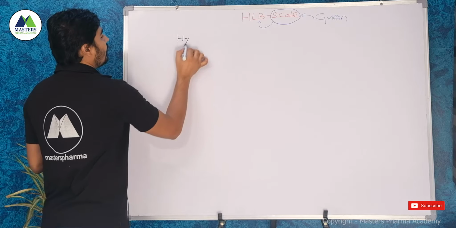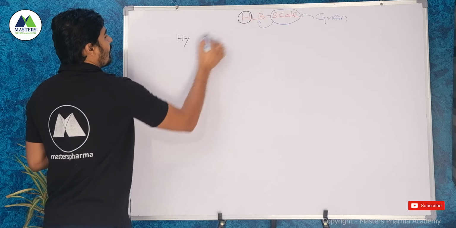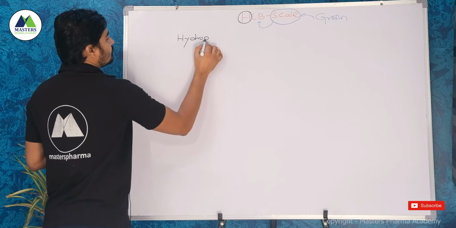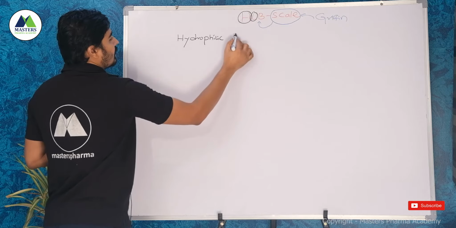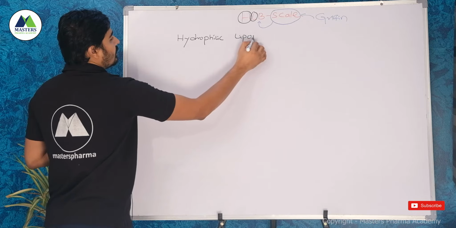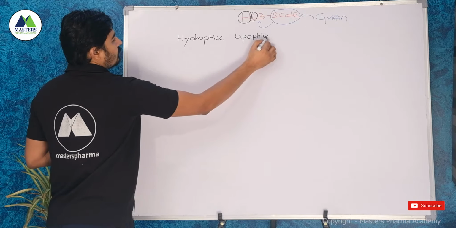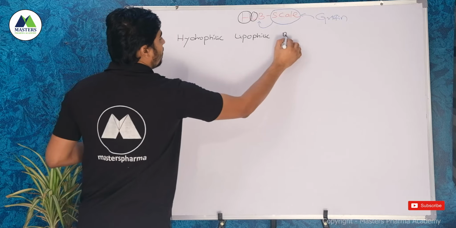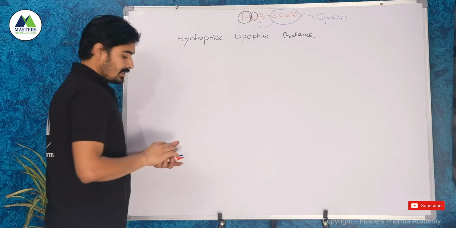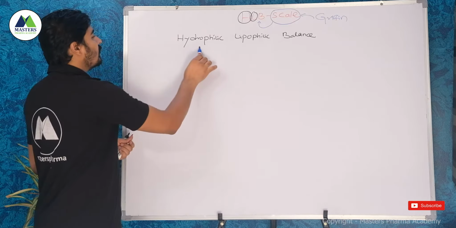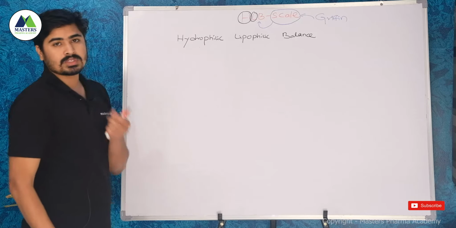H represents hydrophilic, L represents lipophilic, and B represents balance. That means it explains the balance between the hydrophilic portion as well as the lipophilic portion.